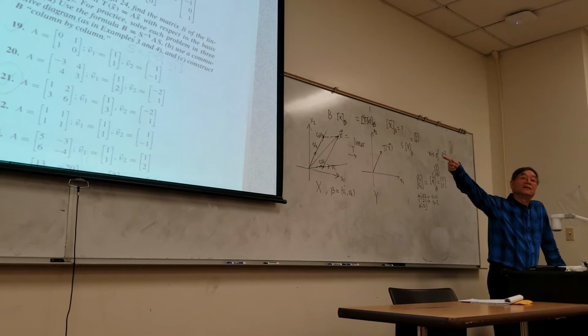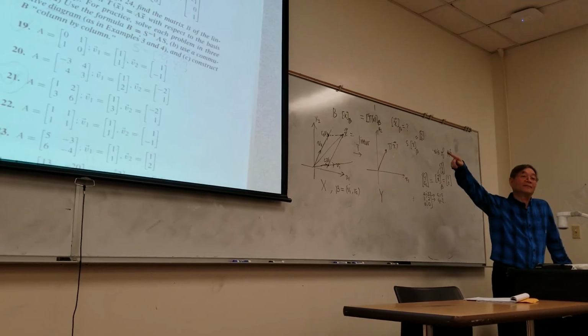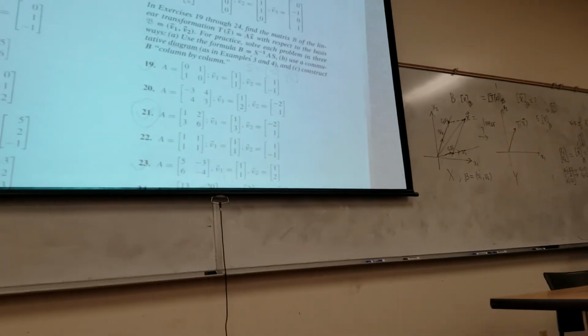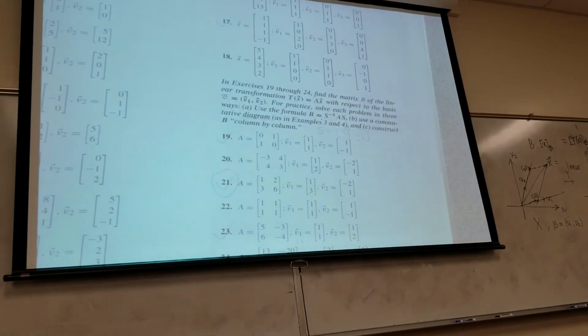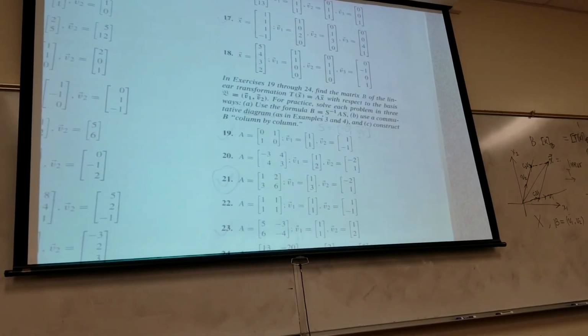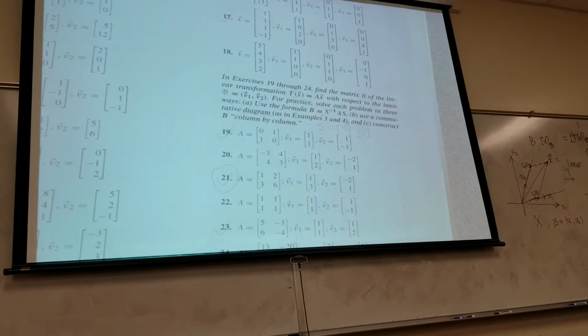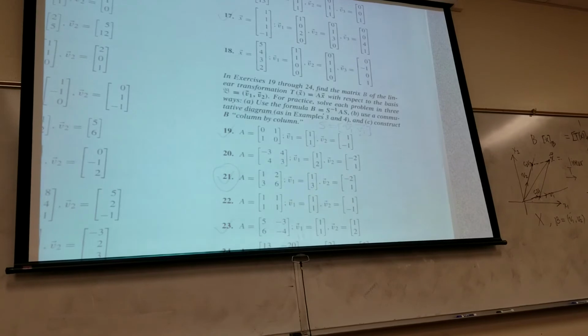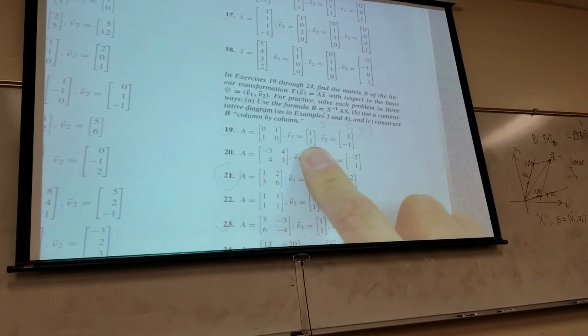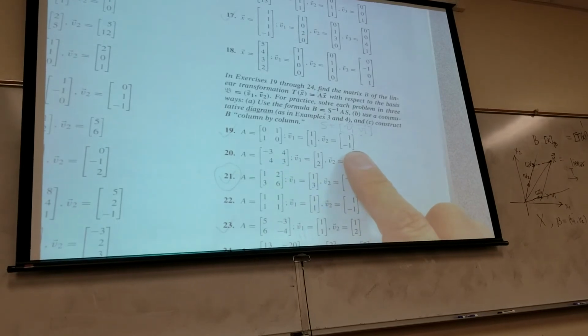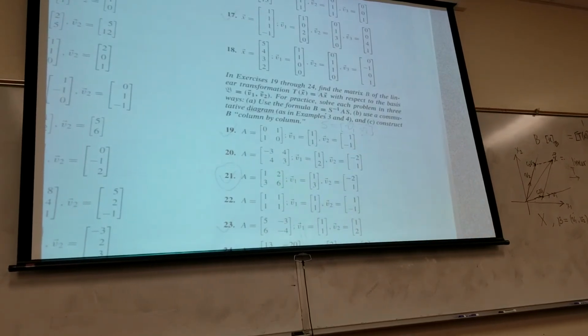Because they give you the formula, B is S inverse AS. A is given. The linear transformation T is defined through this A, right? So they give you A, and then you have V1, V2, then you can form the matrix S, right?